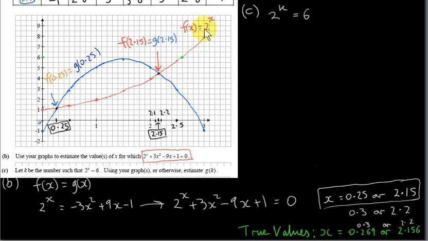So this is the graph of 2 to the power of x. So 2 to the power of this value here, whatever it is, is going to be 6. So this is the value that we need to look at. Well, it looks like this value is 2.6.